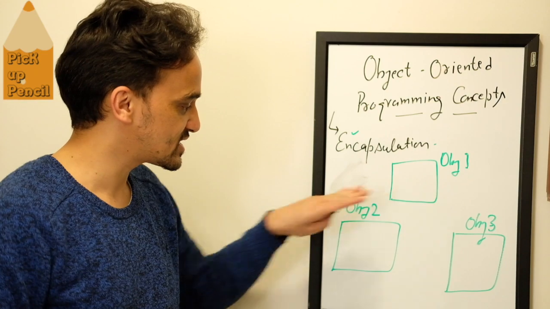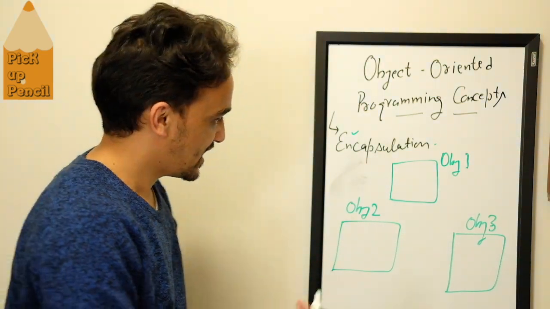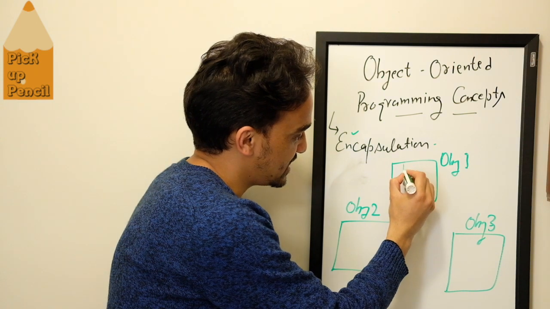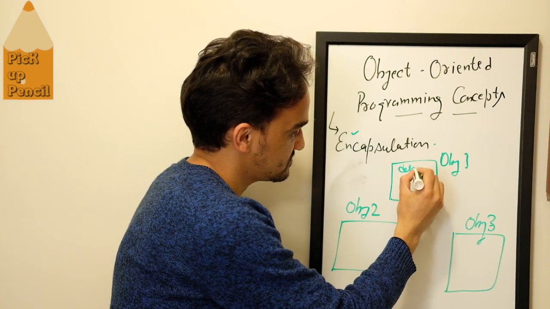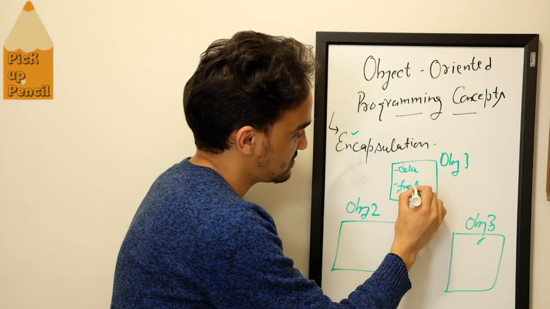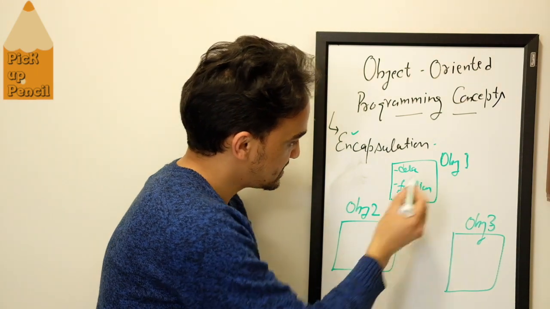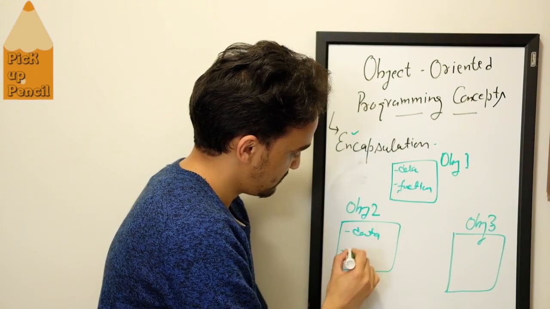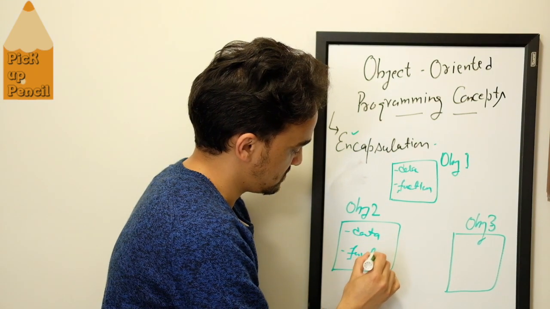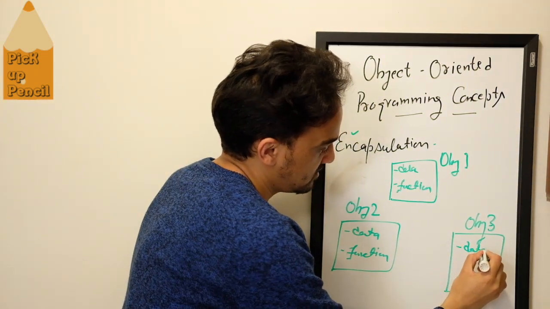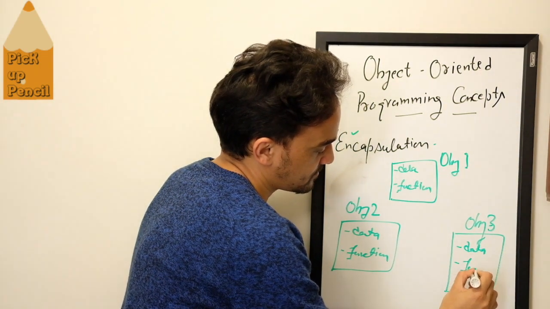We have just taken the 3 objects here, and we have already learned that an object has its own data and its own function. Similarly, each object has its own data and function. This object 3 has its own data and its own function.